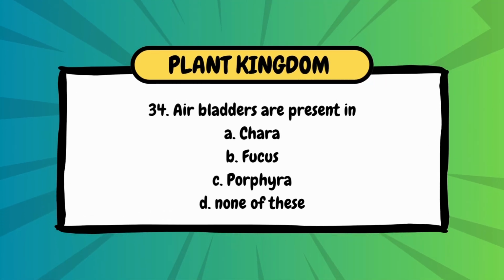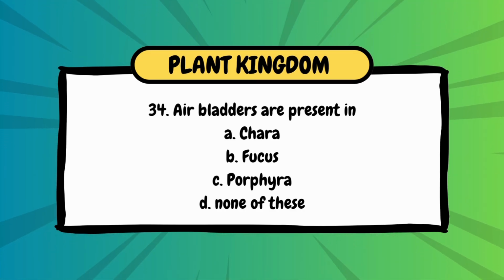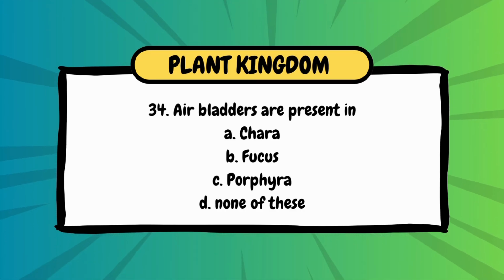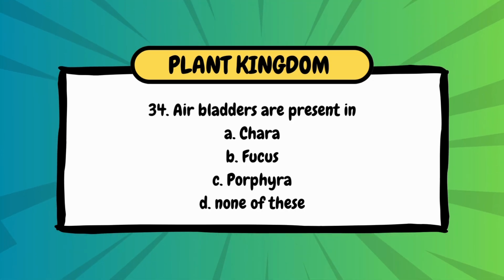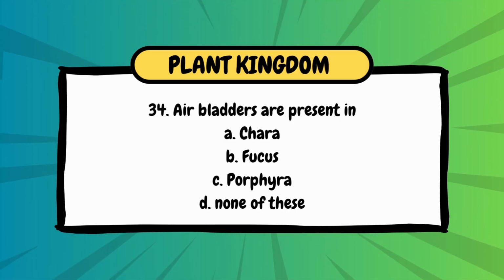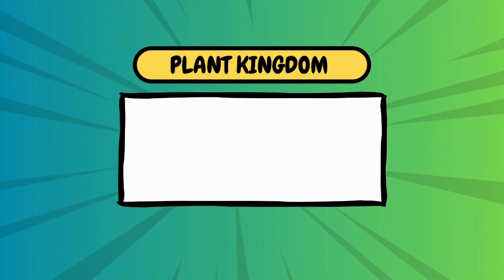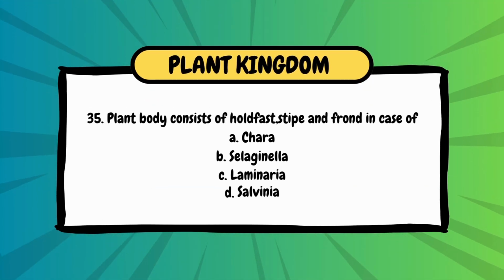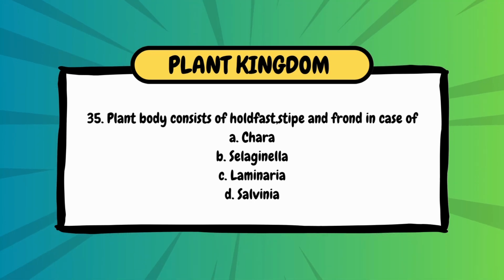Air bladders are present in A. Chara. B. Fucus. C. Porphyra. D. None of these. Plant body consists of holdfast, stipe and frond in case of A. Chara.